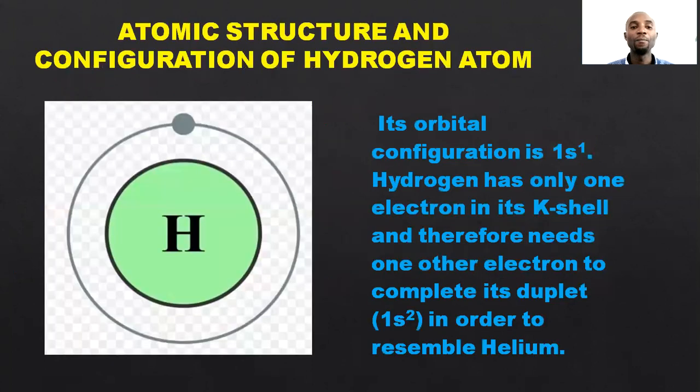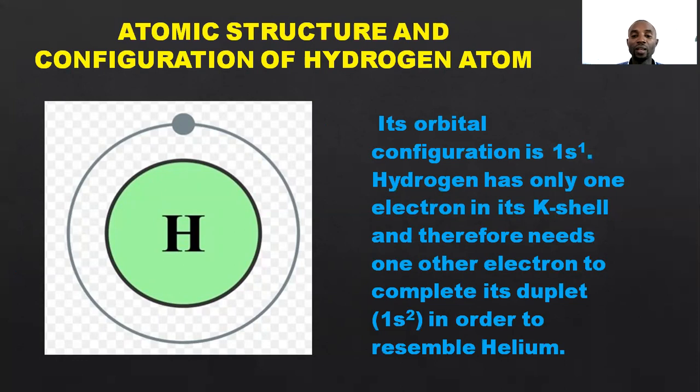All right, what is the atomic structure or configuration of hydrogen atom? Of course, hydrogen has one electron and one proton. You can see that one electron in the electron shell. Its electron configuration is 1s1, meaning that it has only one electron in the first shell.